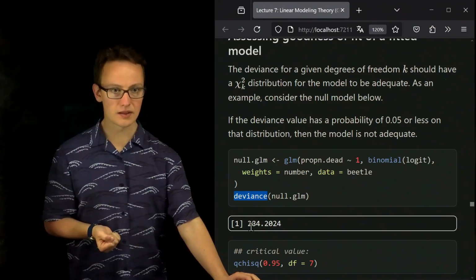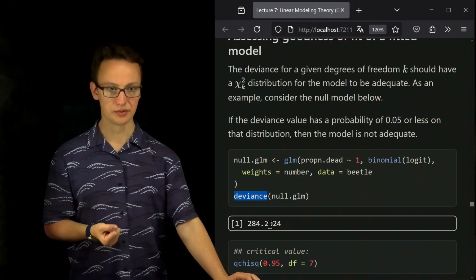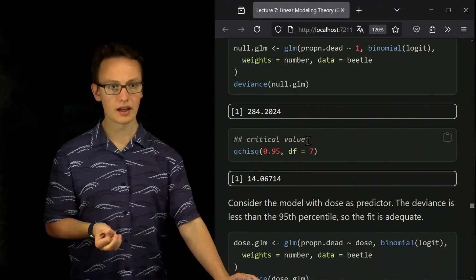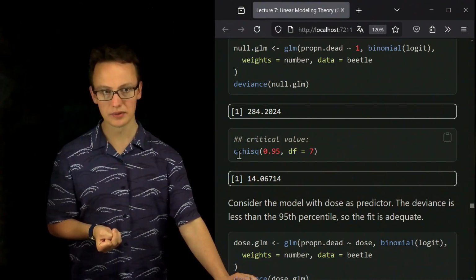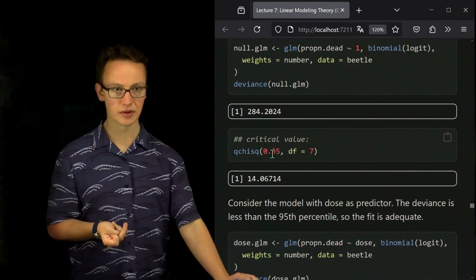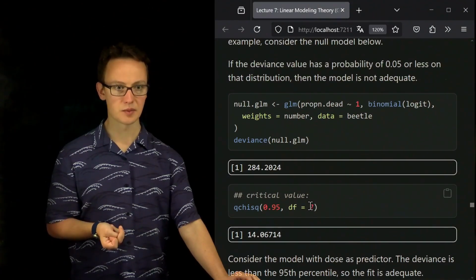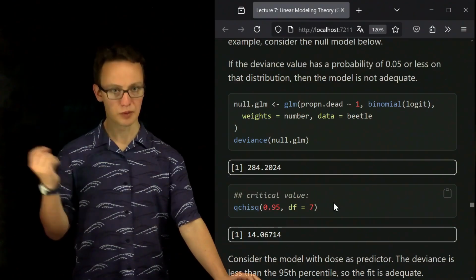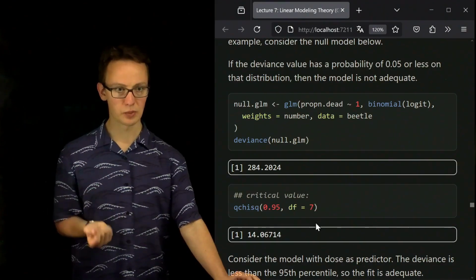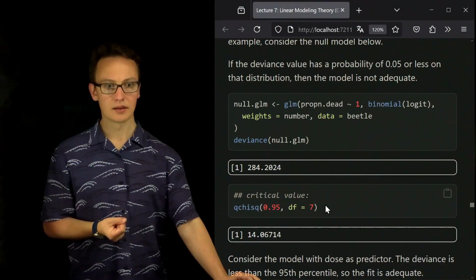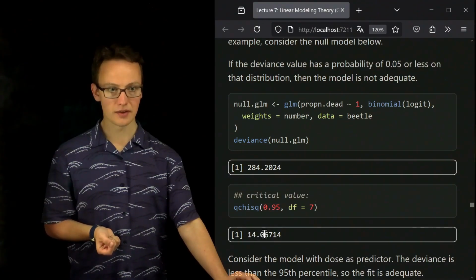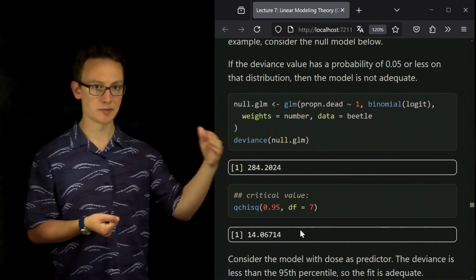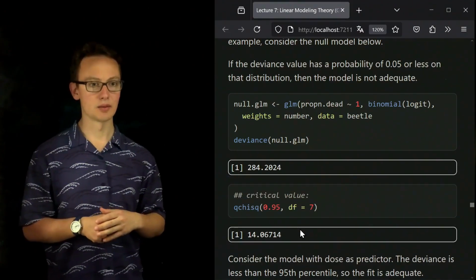Now, the deviance here is 284.2, right? So what we could do now is look up the critical value of the chi-square distribution that corresponds to this, which in this case would be 7 degrees of freedom, because the number of data points minus the number of parameters in that model gives us 7. And we get as a result 14. So that is the value that if it is surpassed, our p-value will be smaller than 0.05, meaning our model is not adequate.